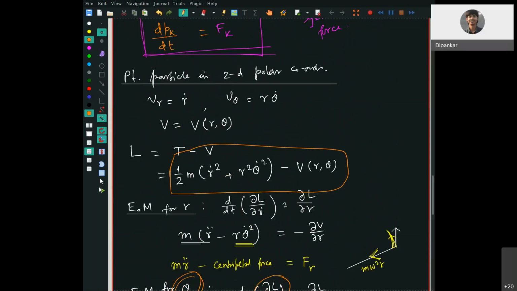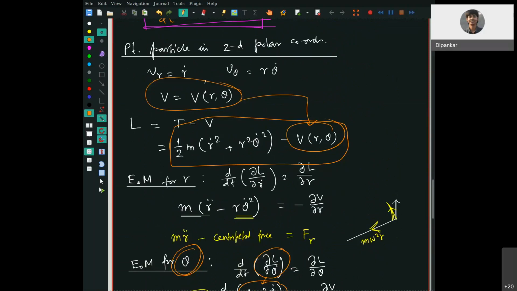It comes from V only. Only this part depends on theta, nothing else. So what I mean is that V doesn't depend on theta anymore. The common name that you know it by is that V is central. So V is a central potential and it does not depend on theta.